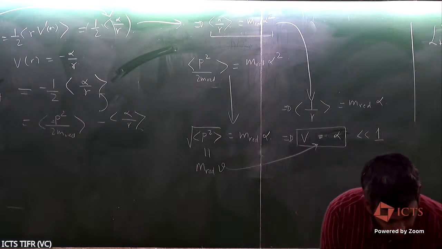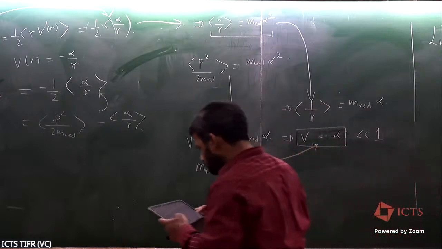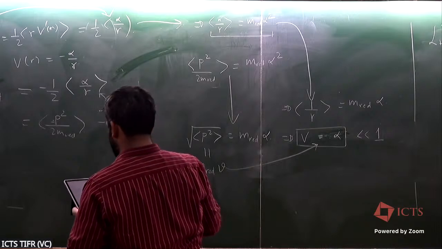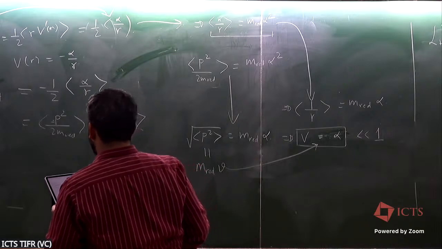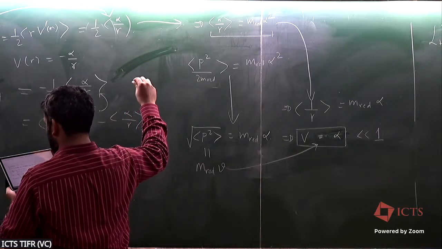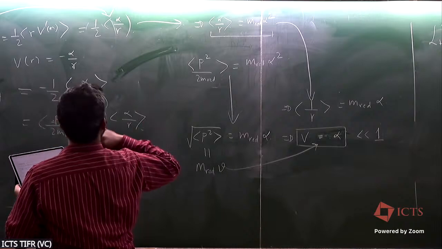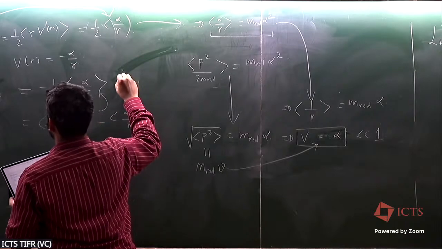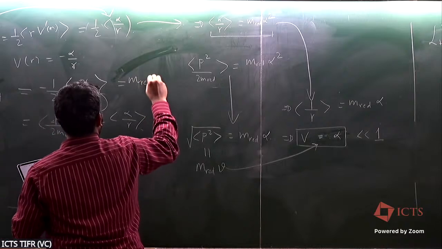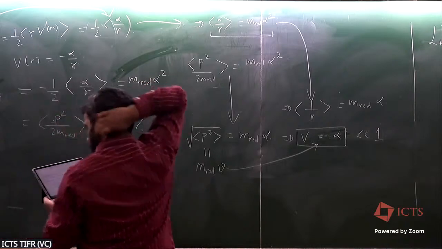Just give me a minute. Okay, so I should have written it here. Alpha by R is m reduced alpha square. So the binding energy is m reduced alpha square. This is what I'm using.